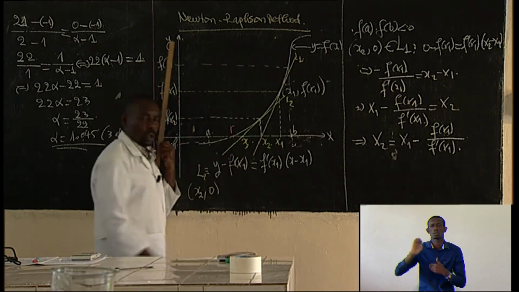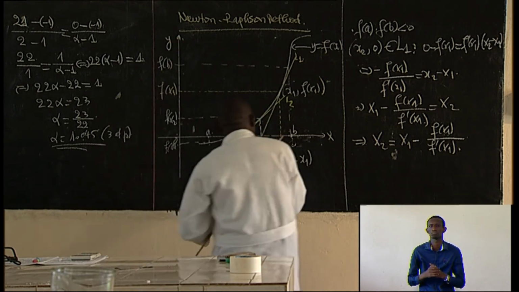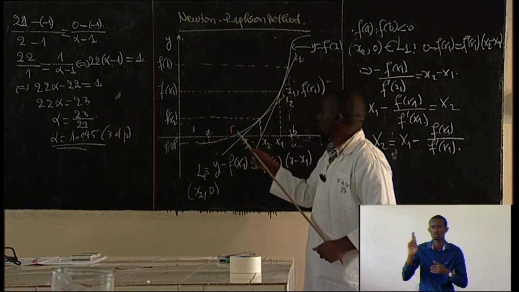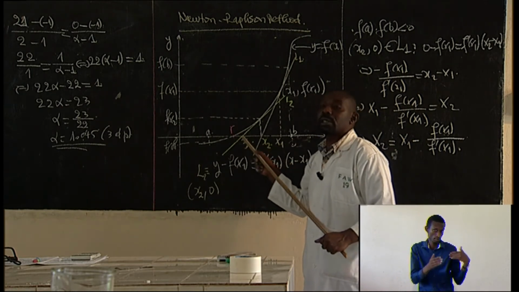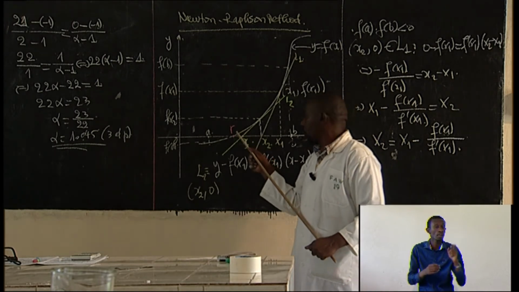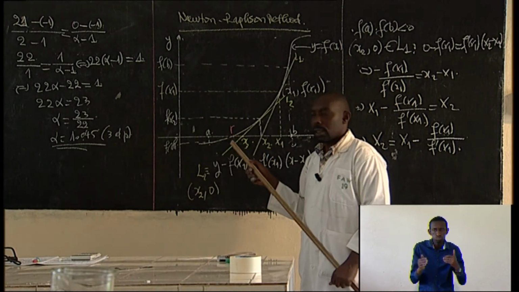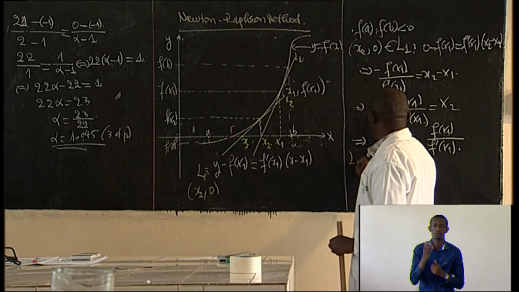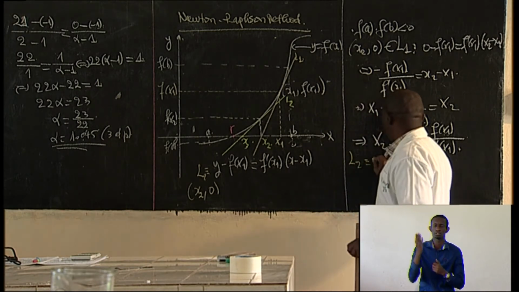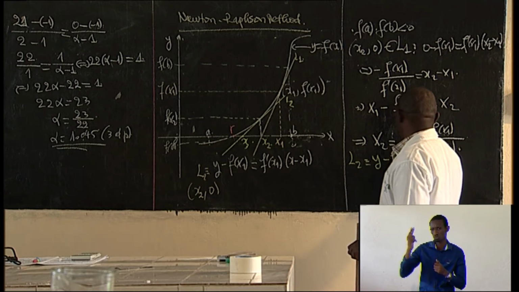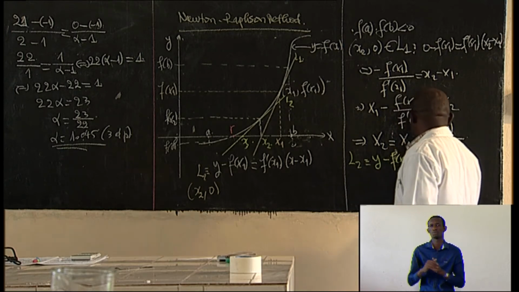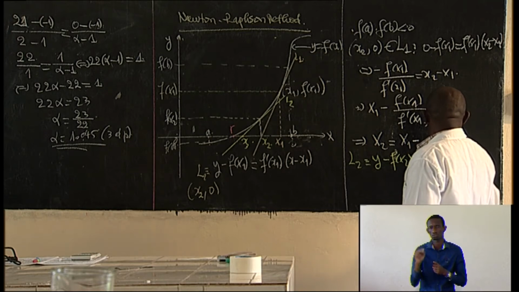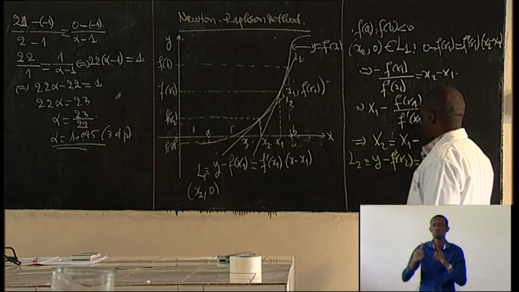If x1 was close to R, and x2 is very close to R, x3 is closer and closer to this root, isn't it? Of course, the equation of the tangent L2 is y minus f of x2, which is equal to the gradient f derivative of x2, x minus x2.